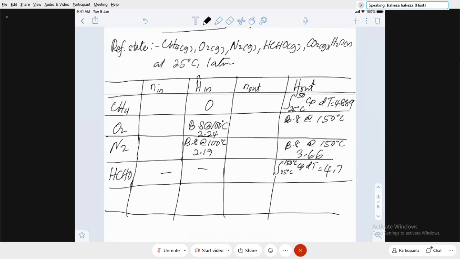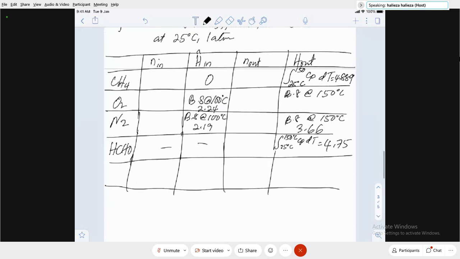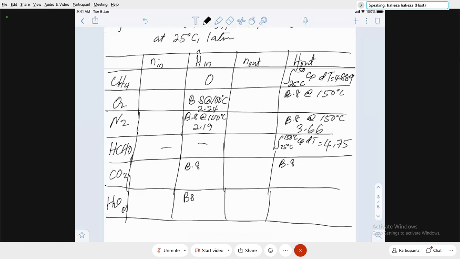Okay, and lastly, you have your methane, your formaldehyde, and your carbon dioxide. Carbon dioxide you can get from Appendix B8, and water vapor, the last component, also from Appendix B8 at 150 after you interpolate. So we did have that value just now.